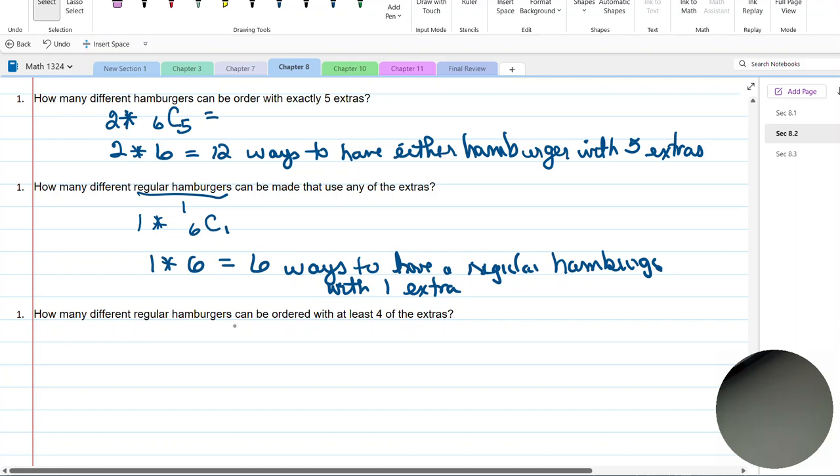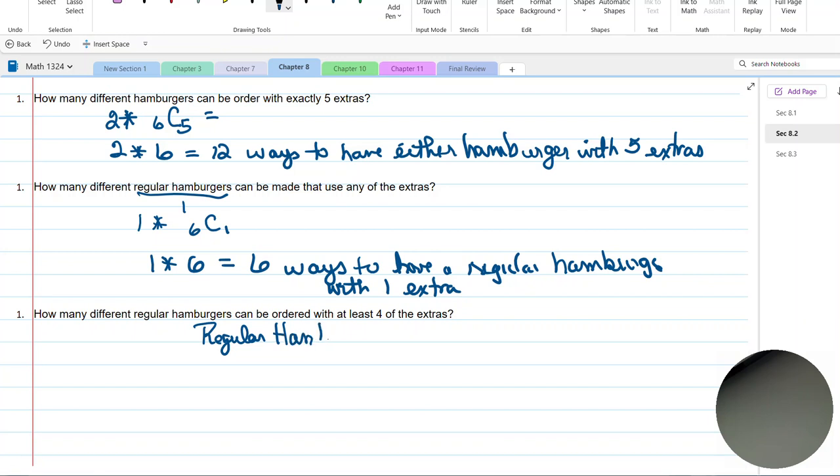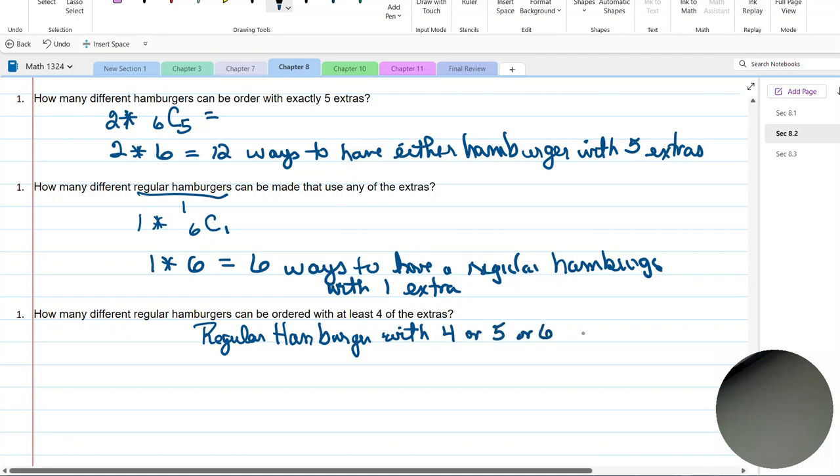Okay. And how many different regular hamburgers can be ordered with at least 4 extras? So we have regular hamburger with 4 or 5 or 6 extras. Okay, well, this is an or. So we're going to have addition.